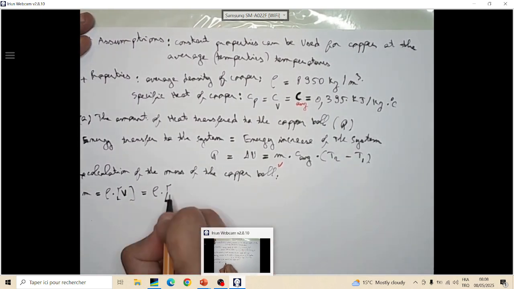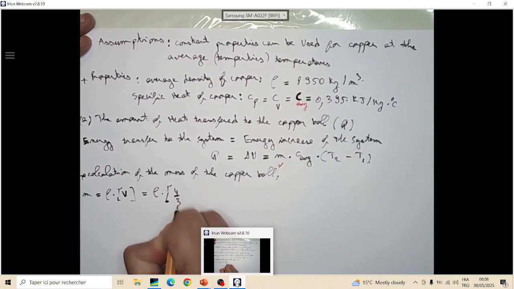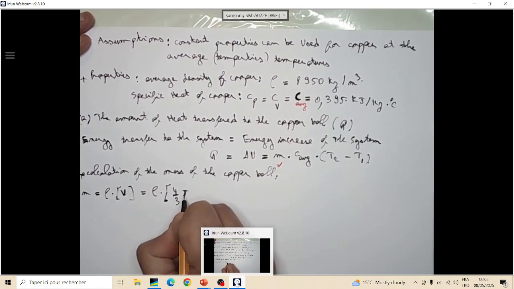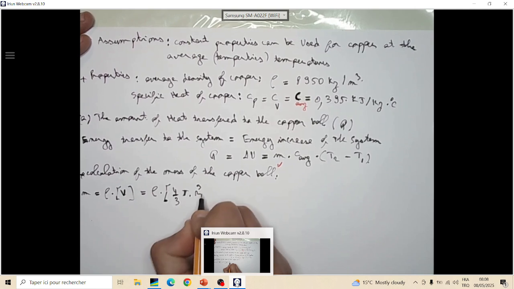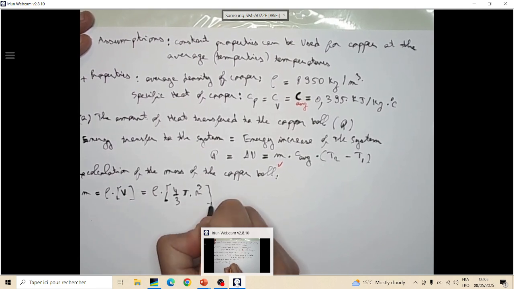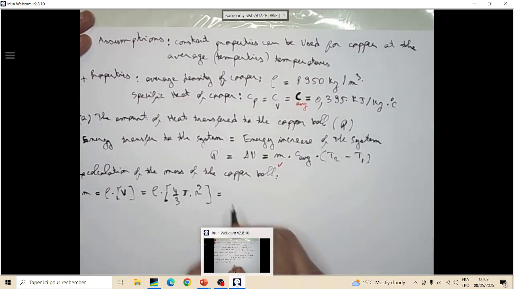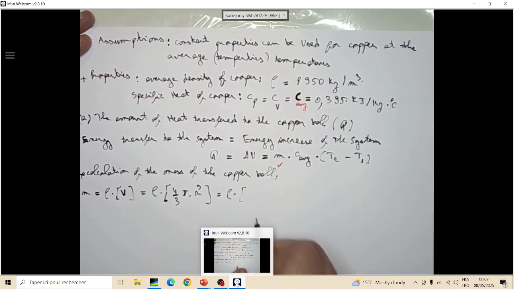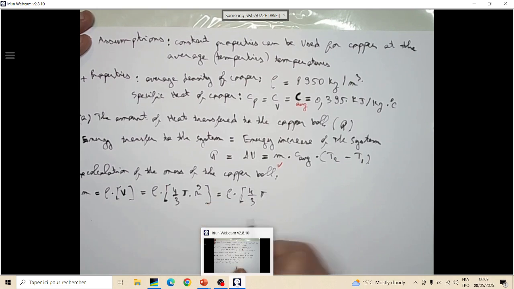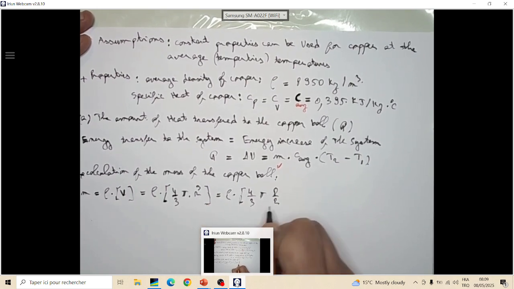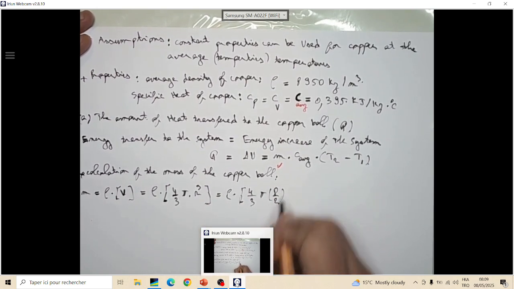The formula is 4/3 times pi times the radius to the power 3, and the radius is d/2. Everything is to the power 3.